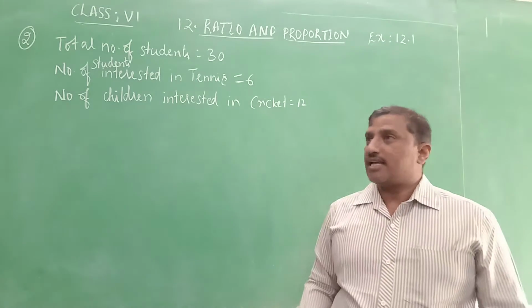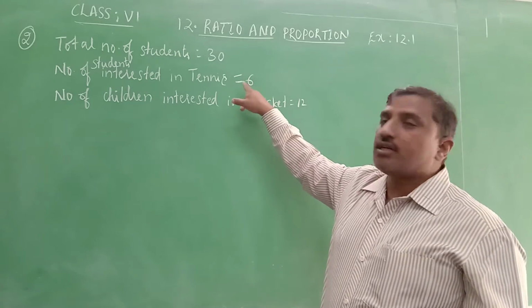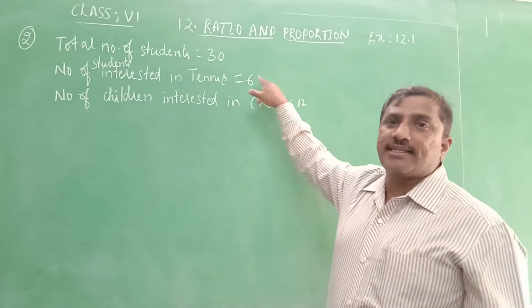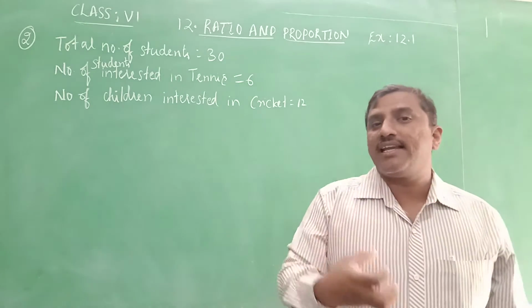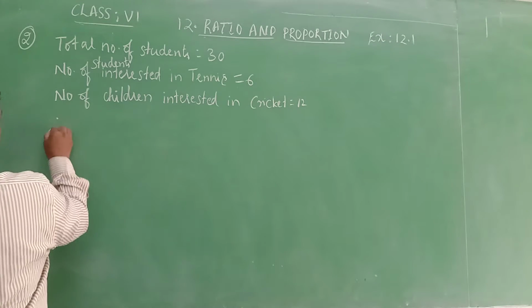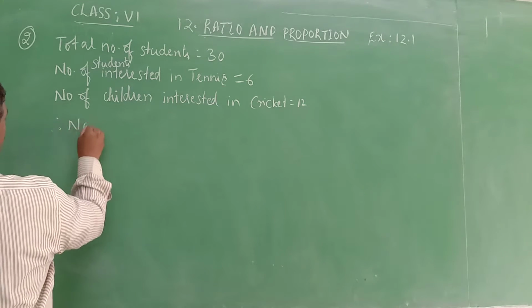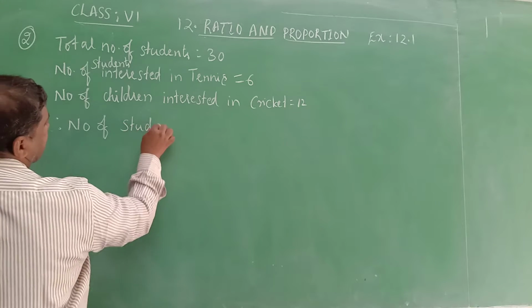By subtracting the total of the students who are interested in football and cricket from the total strength of the class, we will get the number of students interested in tennis.